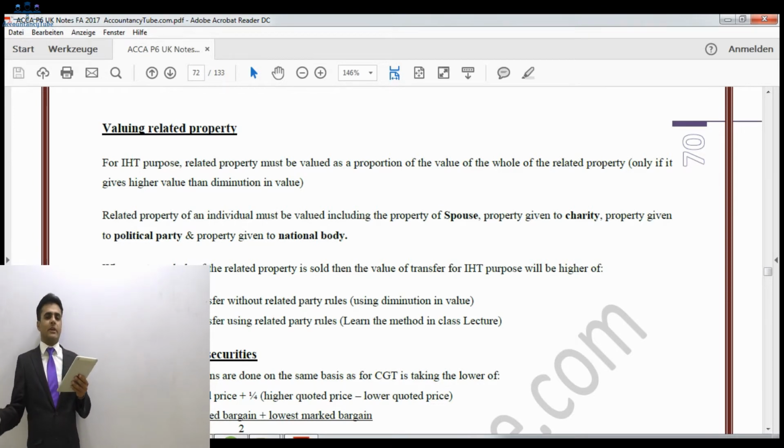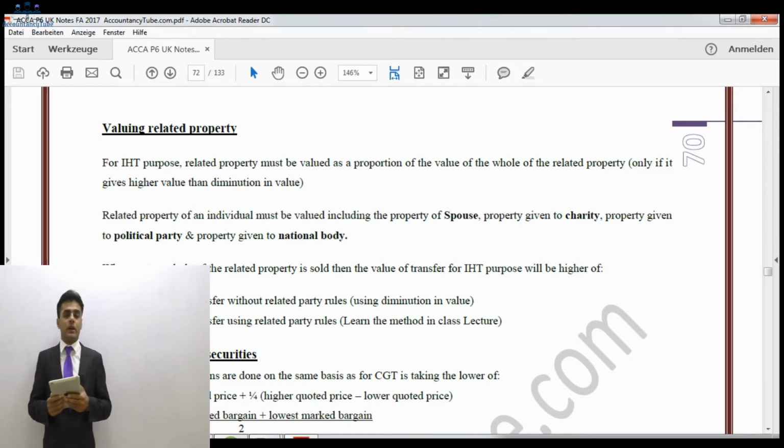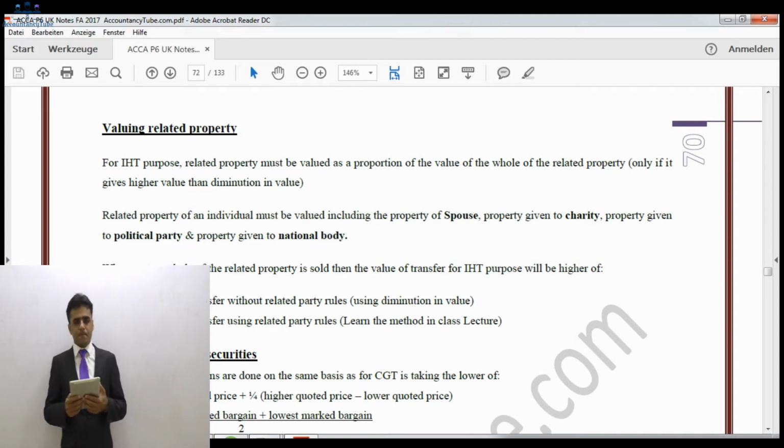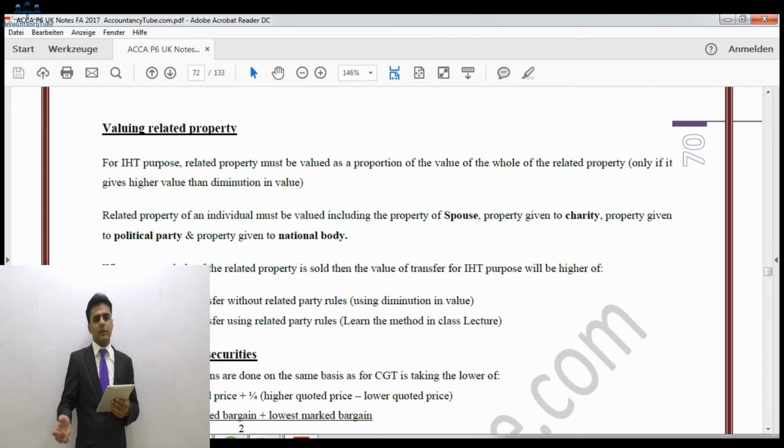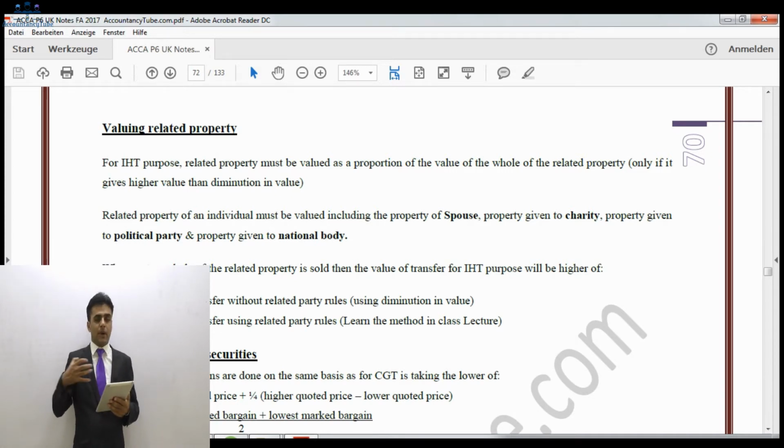So as I said to you earlier as well, if I hold shares in a company and the shares were also used for the exempt parties' purposes, so there were four exempt parties: spouse, charity, qualifying political party, and national purposes. So if I have given the shares for those purposes from that company, then that will be considered as my holding.